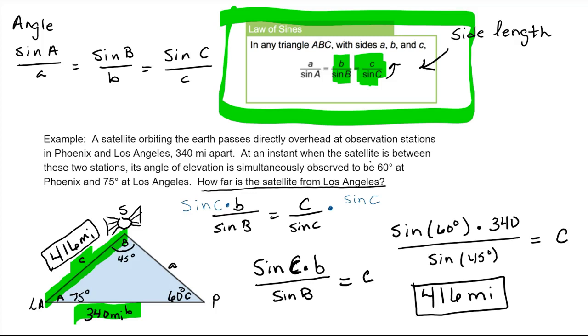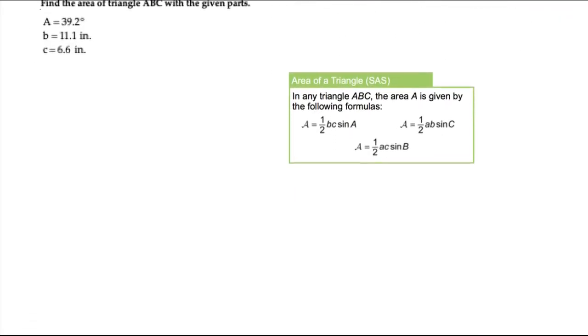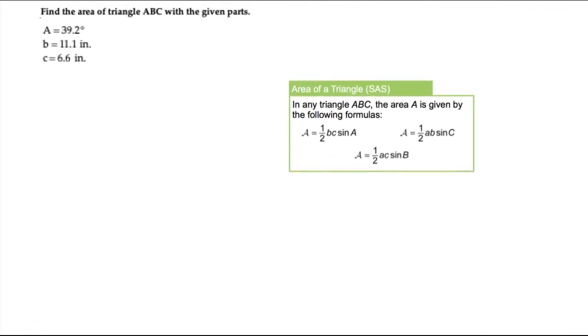Now we're going to take a look at a special case of the law of sines, and that is to look at this one right here, the area formula. This is a special area formula based on the law of sines relation.